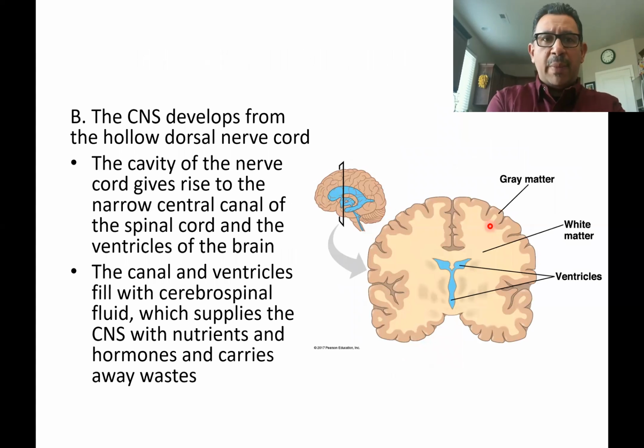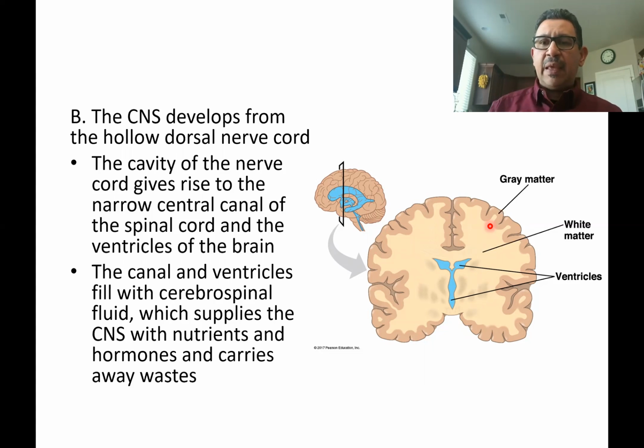Let's focus for a moment on the central nervous system. The central nervous system develops from the dorsal hollow nerve cord. You may recall that this is one of the four characteristics all chordates have in common. Because the dorsal nerve cord in an embryo is hollow, that hollow nature continues to be seen in the central nervous system of animals. For example, the spinal cord has a narrow central canal where cerebrospinal fluid can move for the purpose of delivering nutrients and also for carrying away wastes.